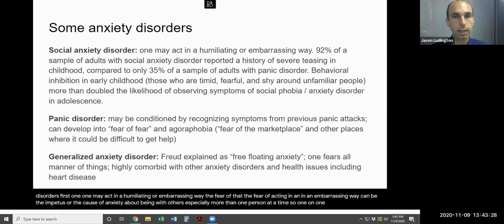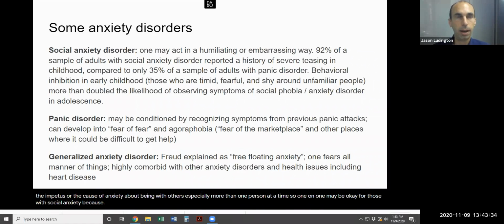So one-on-one may be okay for those with social anxiety, because in the worst case scenario, they cannot humiliate themselves to too many people at the same time. They can only humiliate themselves with one person. But maybe even being humiliated in front of that one person could be enough to cause anxiety, unless they're really trusted and comfortable with that person.